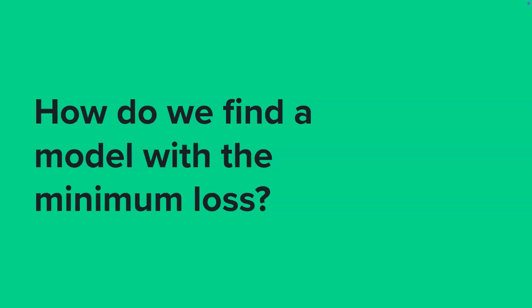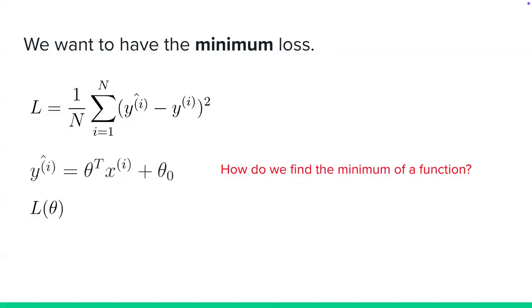So how do we find this? We know how to tell if one model is better than another model, but how do we actually find the model with the minimum loss? We have this loss function, and it is a function of theta, which is the weights of our model.